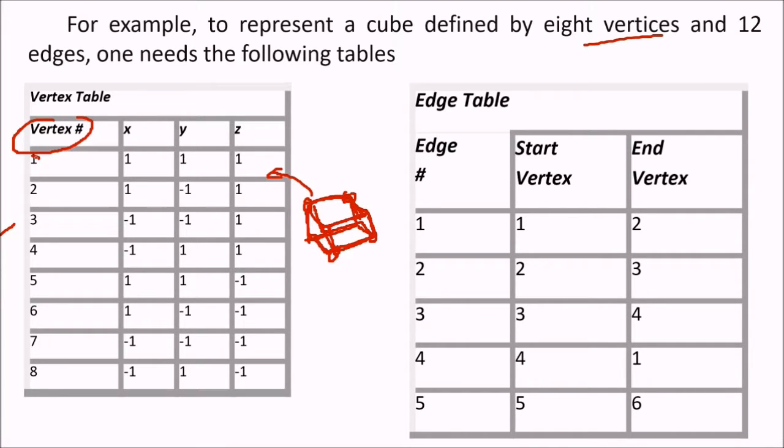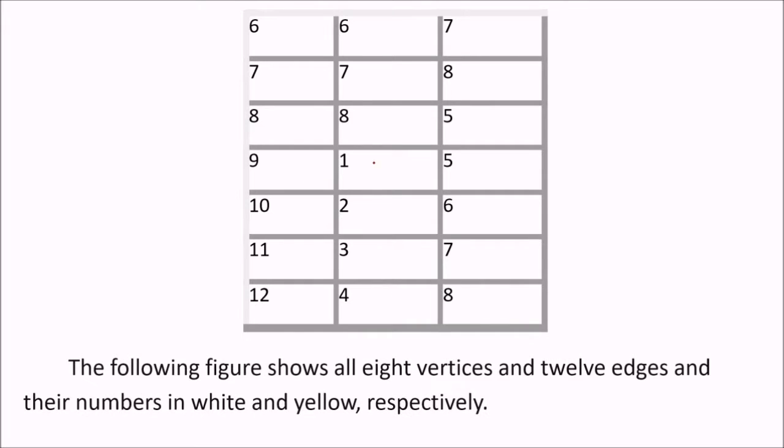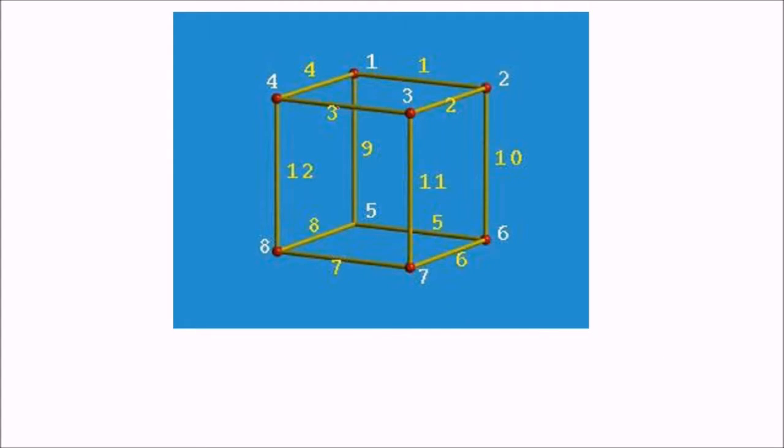So the vertices will be taken from here, and say for edge 1, this is the start, this is the end. Say this is 1, this is 2. So 1, 2 is one edge, this is another edge, this is another edge like this. And likewise. So the figure shows the different edges.